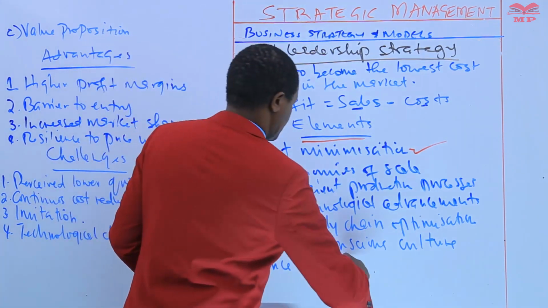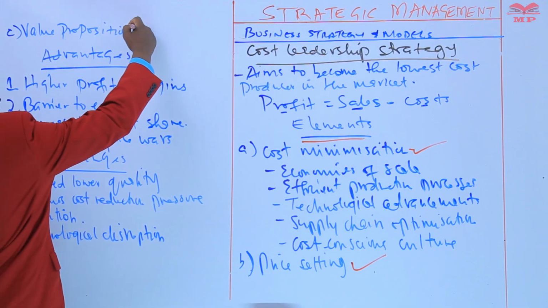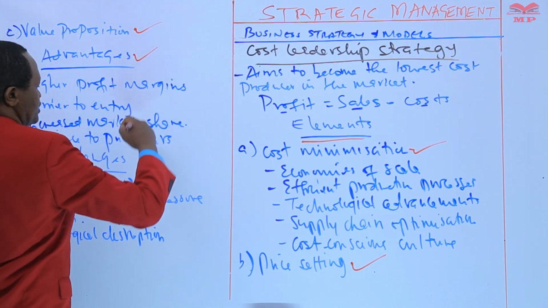The second is price setting. Three is value proposition. Then we've analyzed and outlined 4 advantages and 4 disadvantages of cost leadership strategy.